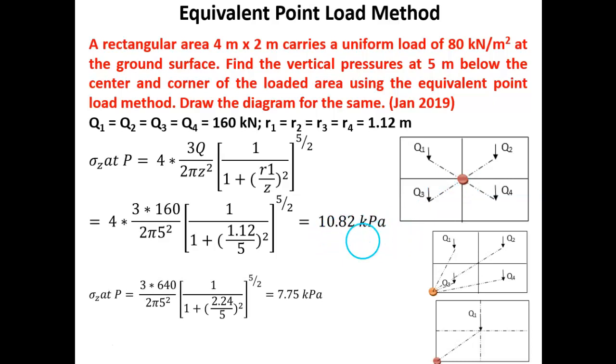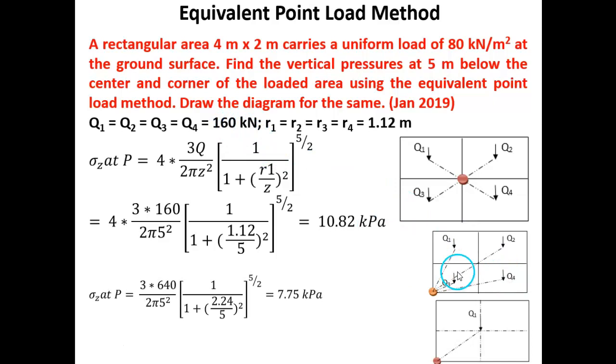In the second case, we have to find the increase in stress at the corner of the footing. So for this, we have to divide this area into 4 rectangles, and then we have to find the equivalent point load of each rectangle, which is coming as 160 kilonewton.